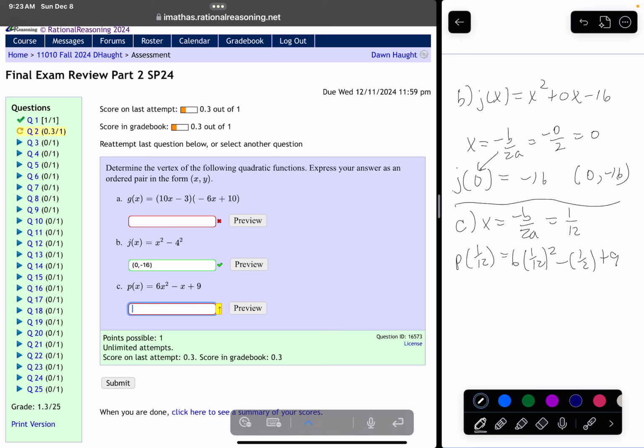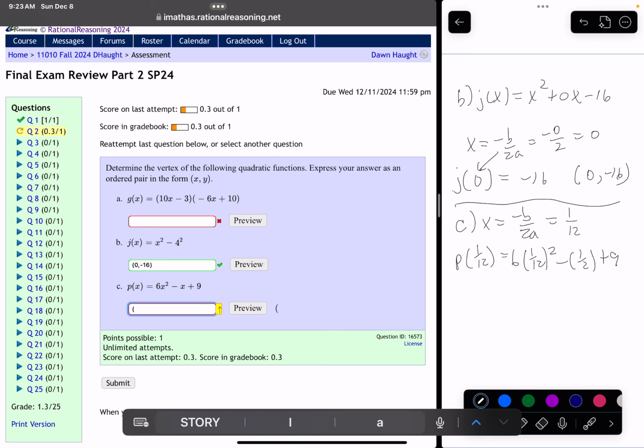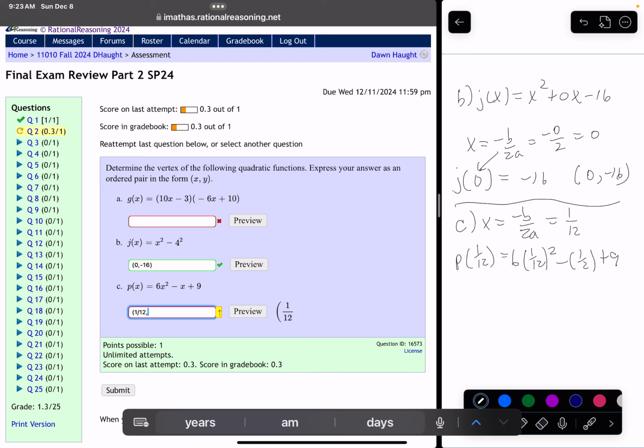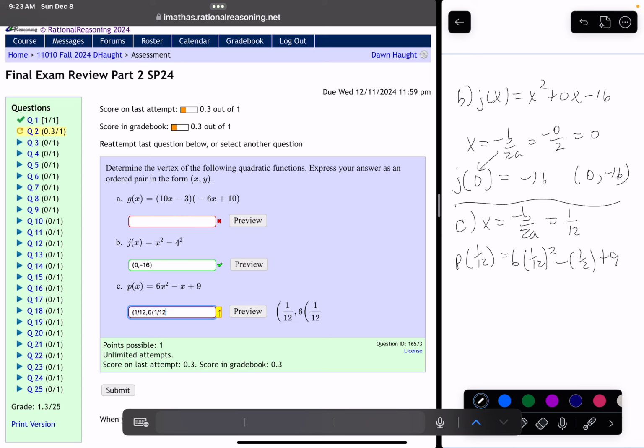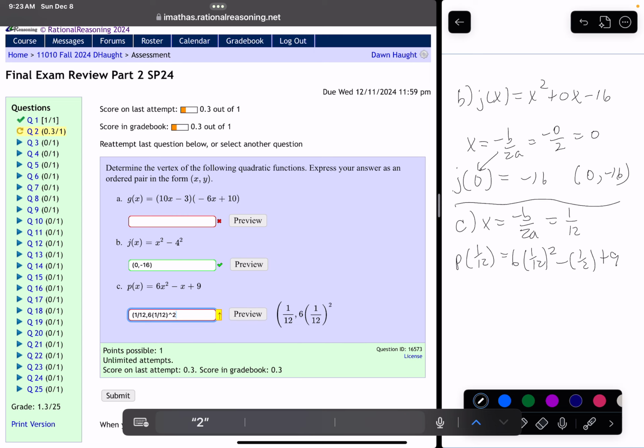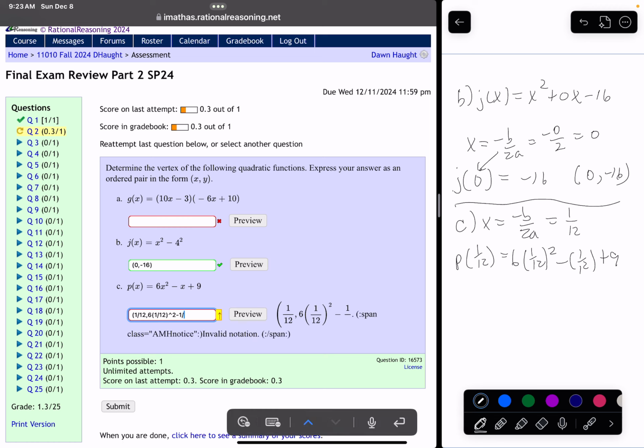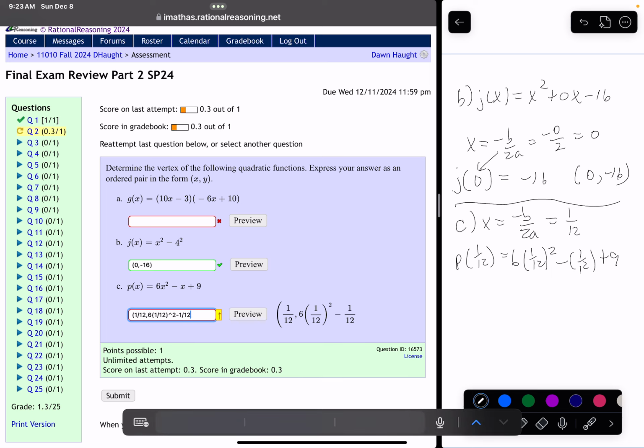Now, how could we put it in? I'm going to see if they like this. I don't know, but I'm going to put in 1/12, comma, and then put in what I just wrote down: 6 times 1/12 squared minus 1/12 plus 9.